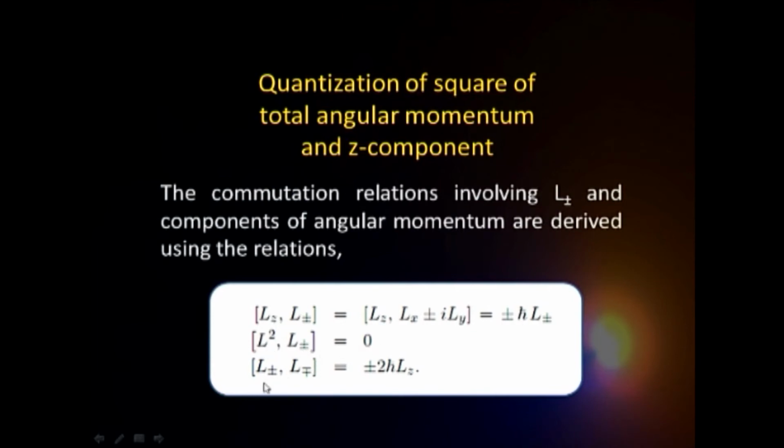If it is L plus minus with L minus plus, which basically means rising and lowering operators, they are commuted together, and we get a value that is plus minus 2 h cross Lz. How this rising or lowering operator can change the value of Lz or L square, that is our aim, to look at the total angular momentum or the momentum in the z direction.